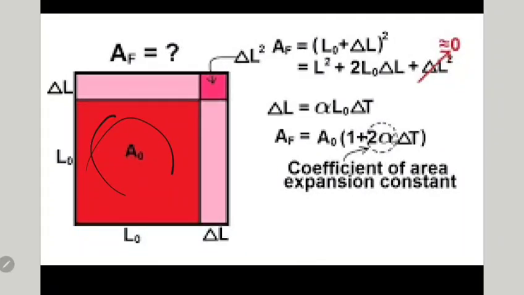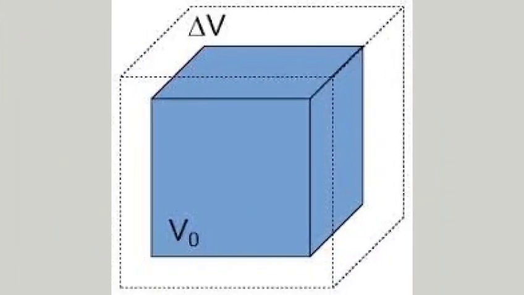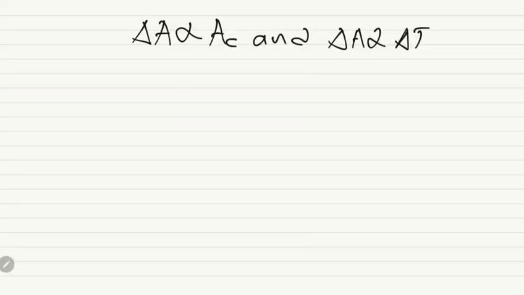Now, how do we take the analogy? The analogy here is that the change in area depends on the area at the colder temperature, and it is also proportional to the change in temperature, like the linear case.